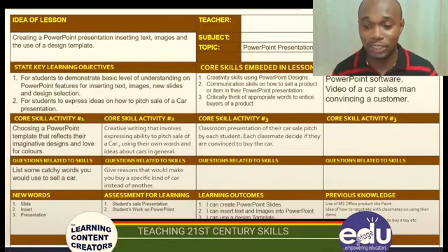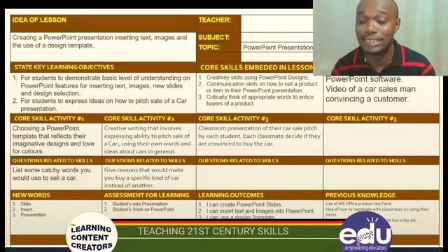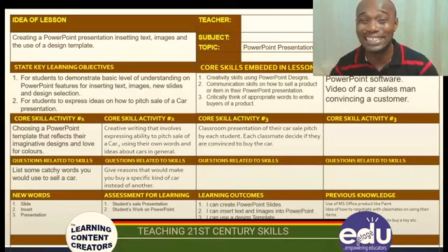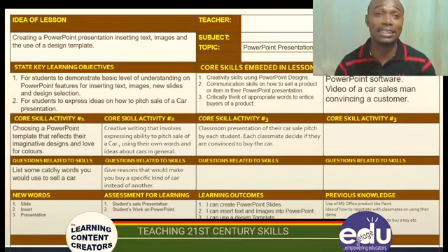Then we have the core skill embedded. How do I embed the core skill into this particular lesson of PowerPoint presentation? Now, there's the creativity skill of using PowerPoint design. There's the communication skill on how to sell a product or item using their PowerPoint presentation, because they're already writing creative ways in which they are seeing that particular car that they inserted into their PowerPoint presentation.